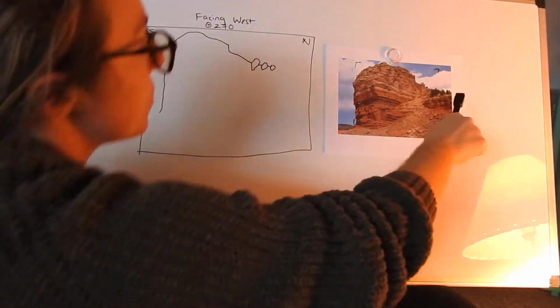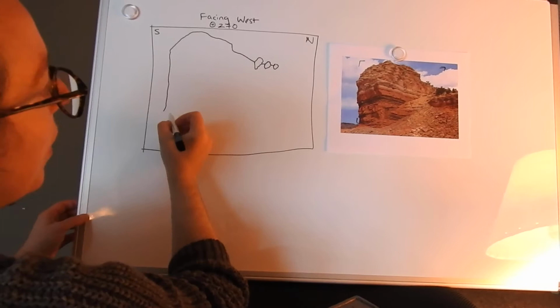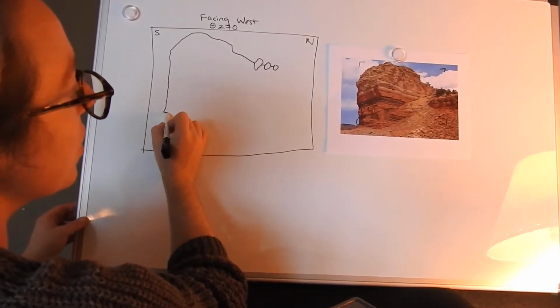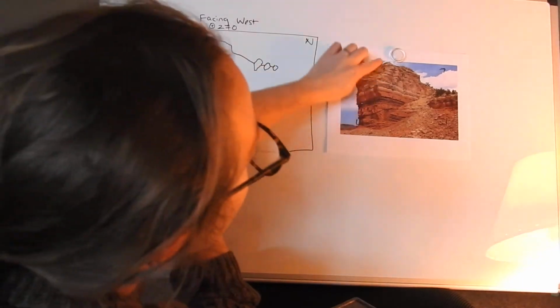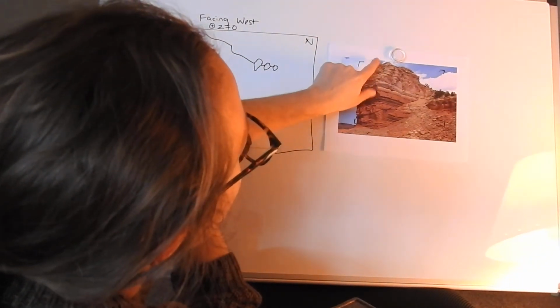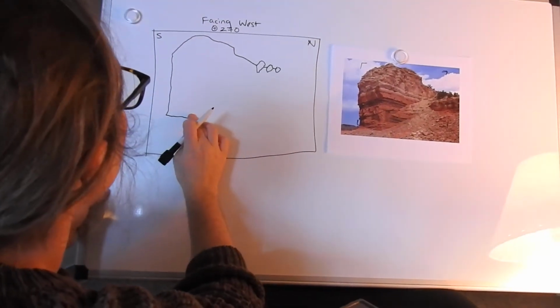Now, the other important features are the fault lines and that outcrop that goes on the right side. So I'm going to come down here and I'm going to work my way up this way. So my outcrop goes over, and then just about underneath where that peak is, I'm going to transition to going upslope.